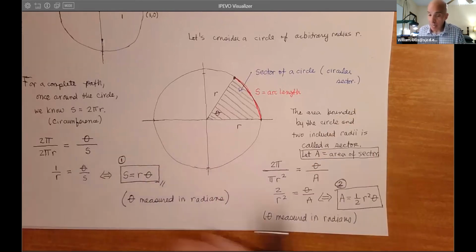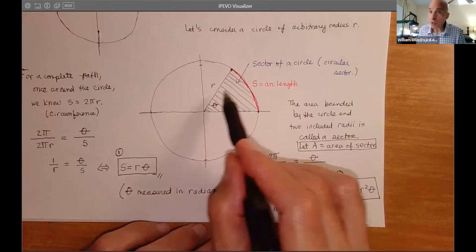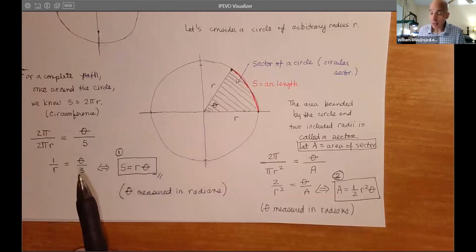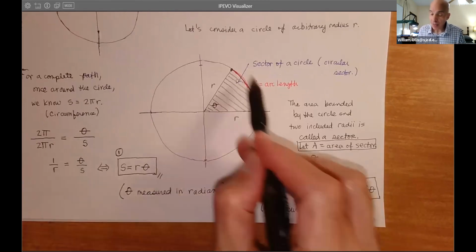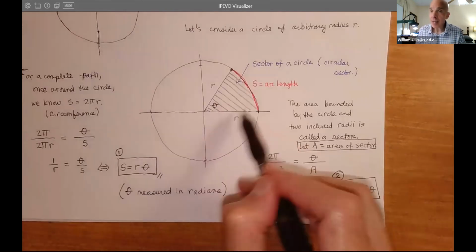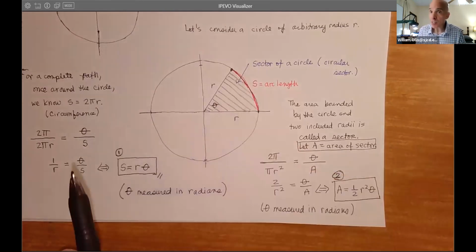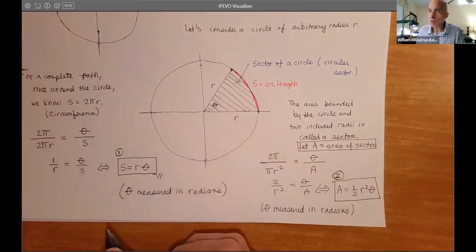And if we are interested in the area of the sector, the arc length and the radii define an area called a sector. Let's use the area of the entire circle to find a formula for the area of the sector.